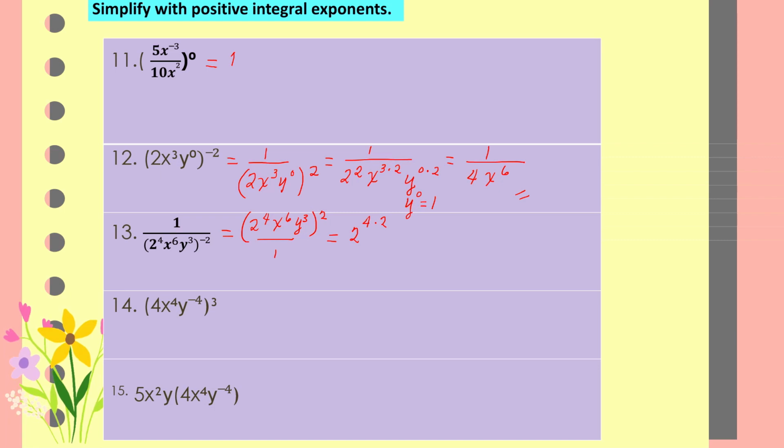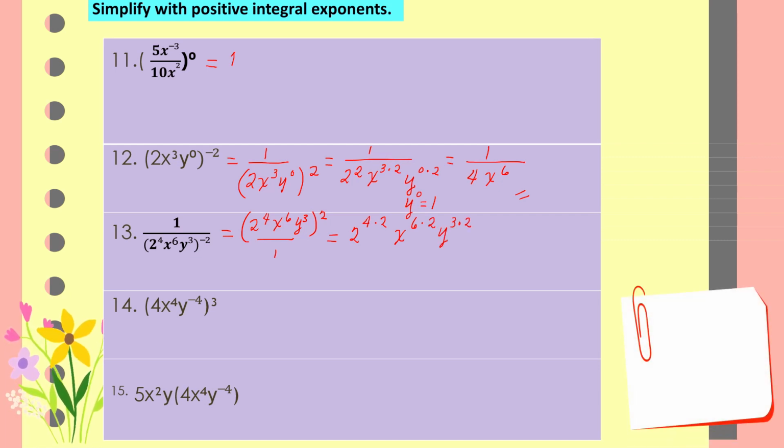Bakit times 2 natin? Applying the power of a power. So, you will have x, then 6 times 2, and then y, 3 times 2. Simplifying the answer, you will have 2 raised to 8, and then x, 6 times 2 is 12, and then y, 3 times 2 is 6.